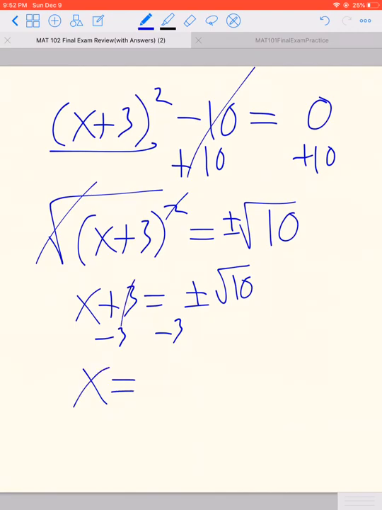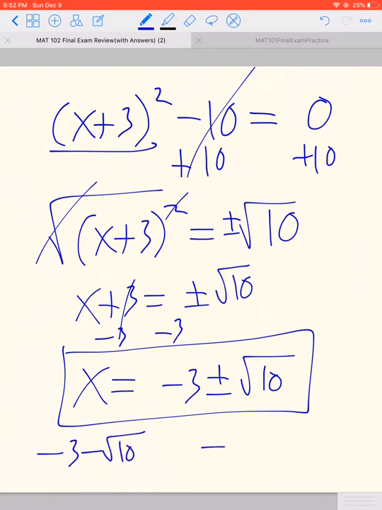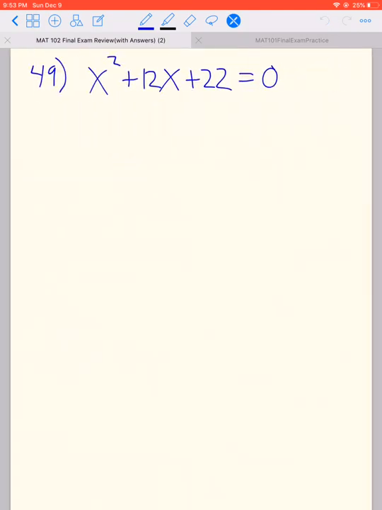So we're going to get x equals negative 3 plus or minus the square root of 10. Okay. So those are the two solutions. One is negative 3 minus the square root of 10. The other solution would be negative 3 plus the square root of 10, if you wanted to split it apart and didn't want to use the plus or minus notation.